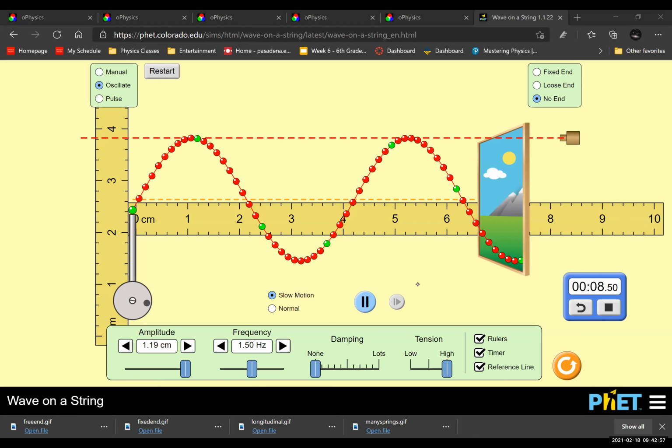In the transverse case, any particle just goes up and down, up and down. In the longitudinal case, a particle goes back and forth in the direction of the motion. In both cases the wave is moving to the right, but the medium goes either perpendicular to the direction of motion, which is a transverse wave, or parallel to it, which is a longitudinal wave.